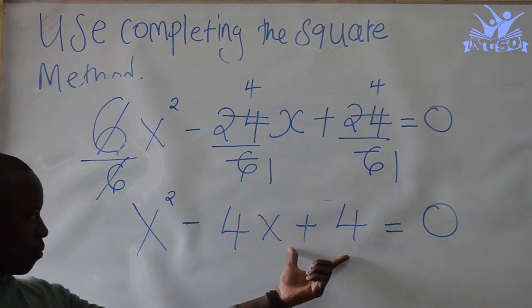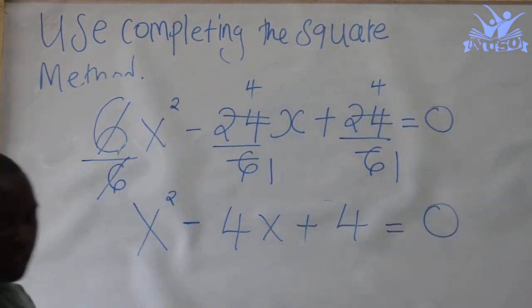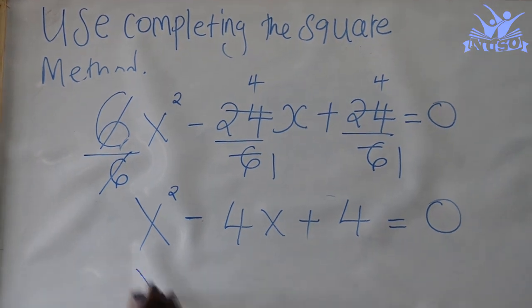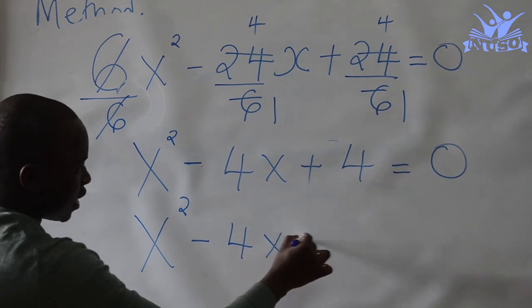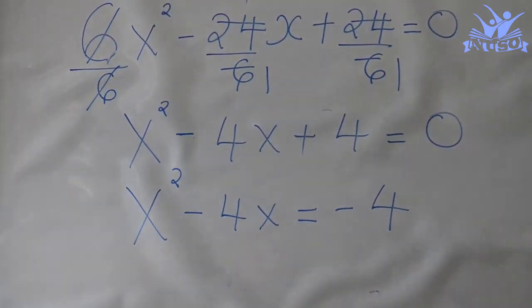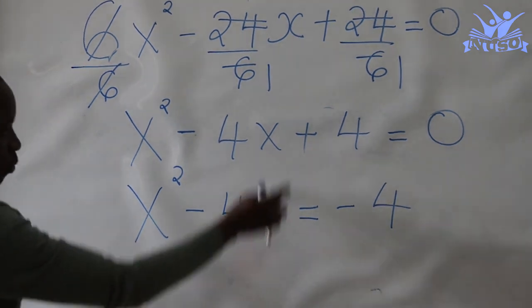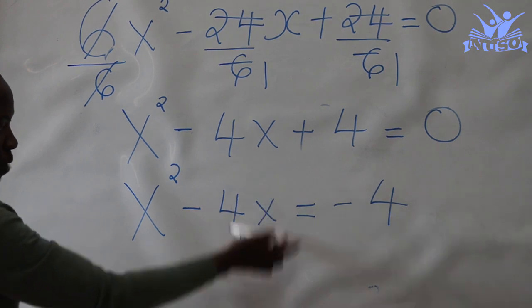Then the plus 4, because it's c, a constant, will be taken to the other side of the equal sign. So you'll have x squared minus 4x is equal to negative 4. From there you complete your square. Remember, this is ax squared, this one is bx, and there's supposed to be a c here.